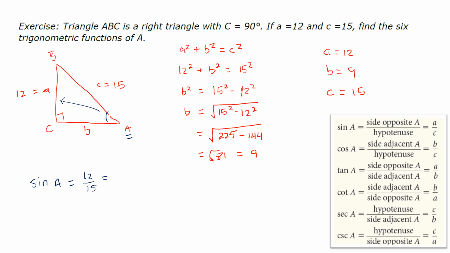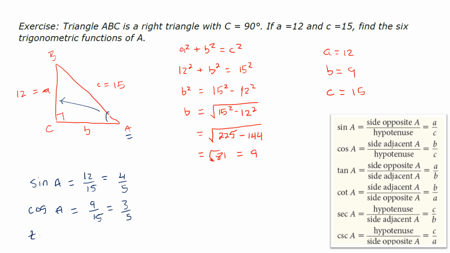So if we simplify that, we would get 4 over 5. The cosine of A is the side adjacent A, which is B, which is 9, over the hypotenuse, which is 15. And so that would equal 3 over 5.